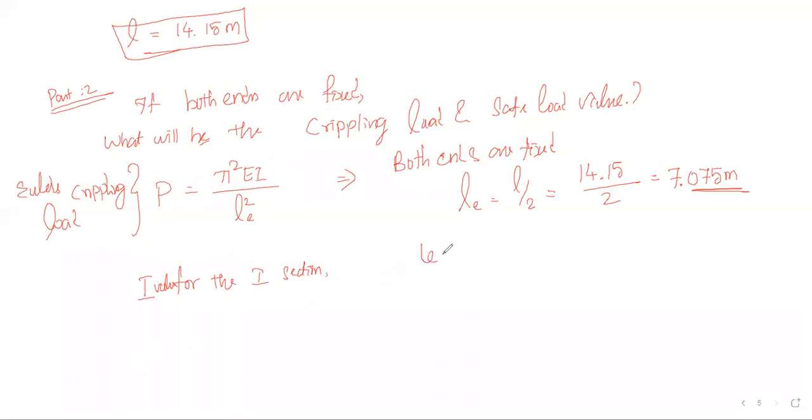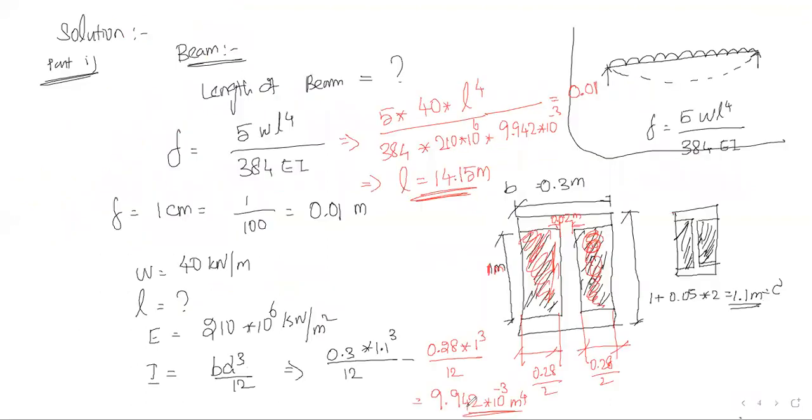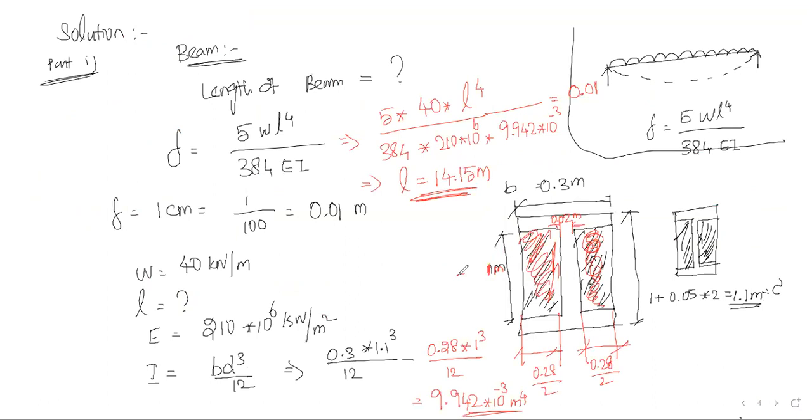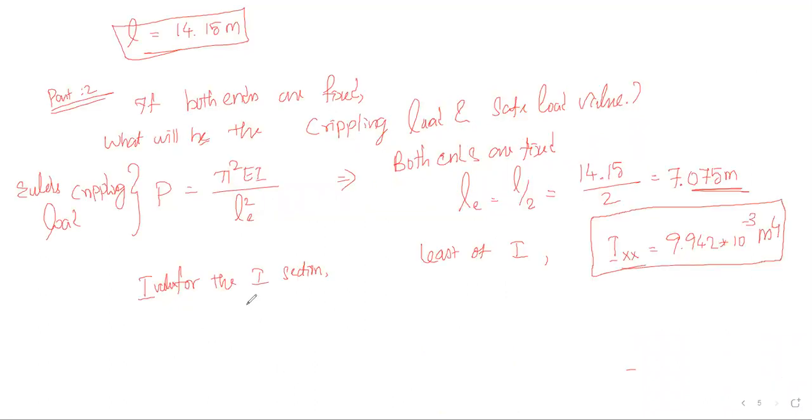So least value we have to take, least of I. So first we have calculated that Ixx is equal to 9.942 into 10 to the power minus 3 meter power 4, which is with respect to this position. Now I'm going to take with respect to this position, Iyy.